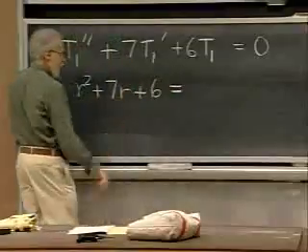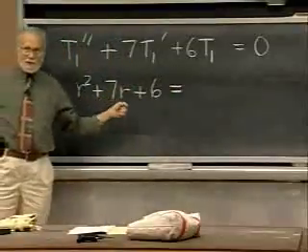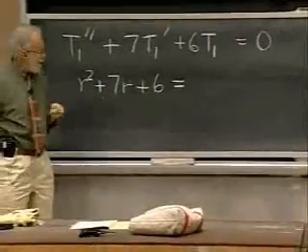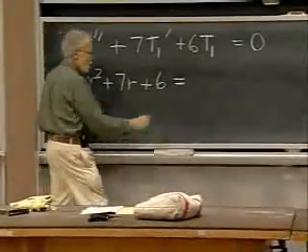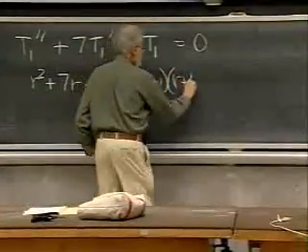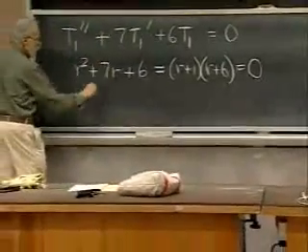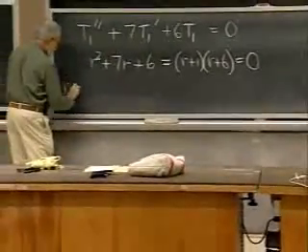And what you want to do is factor it. This is where all the work was, getting those numbers so that this would factor. Okay, so it's R plus 1 times R plus 6. And so the roots are R equals -1 and R equals -6.